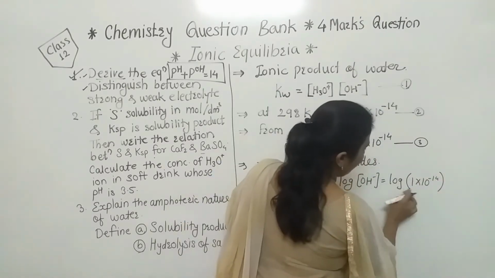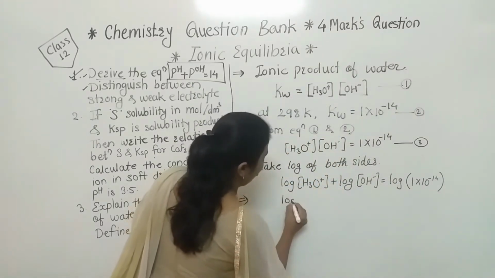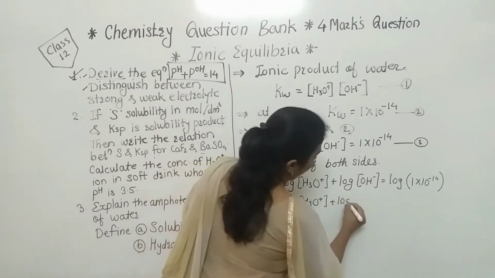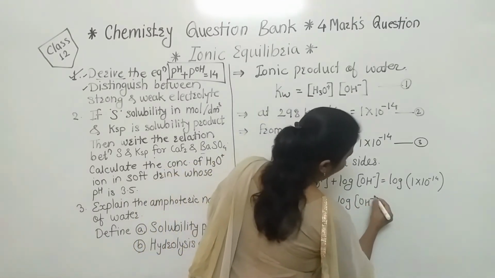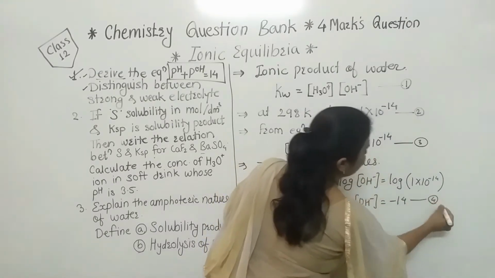The log value of 1 into 10 raised to minus 14 will be minus 14. So log of H3O plus plus log of OH minus is equal to minus 14, and this is the equation 4.